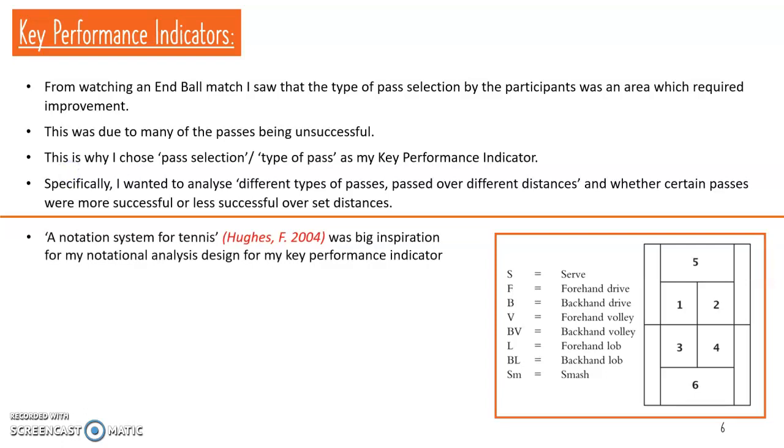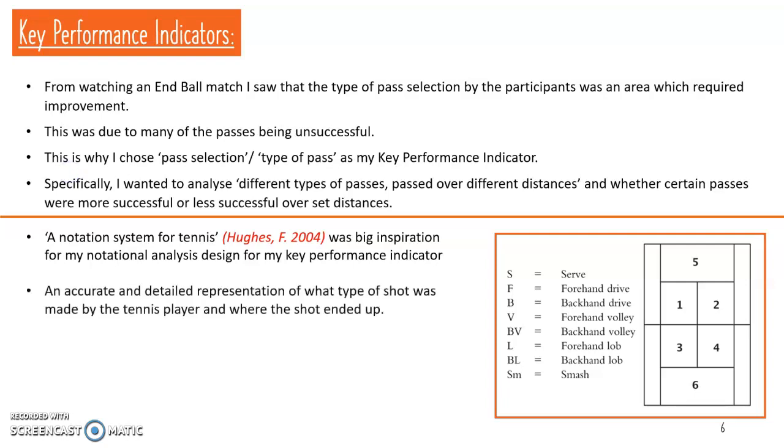One piece of literature I read which gave me some inspiration for my notational analysis design for my key performance indicators was a notational system for tennis by Hughes 2004. You can see this in the bottom right hand corner. This was because I felt that this notational system gave an accurate and detailed representation of what type of shot was made by a tennis player and where the ball ended up.